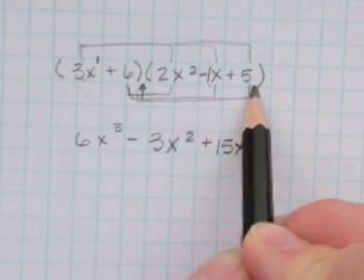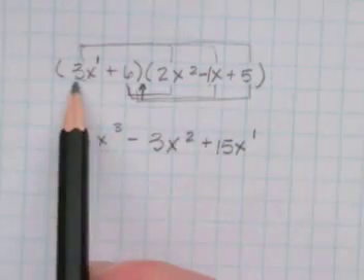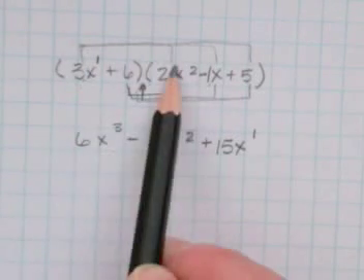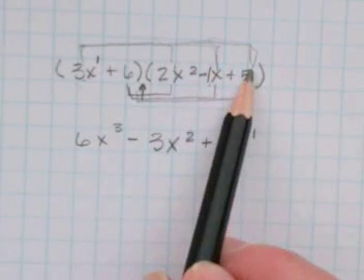So I've successfully multiplied 3x times each one of these terms in the second set of parentheses.